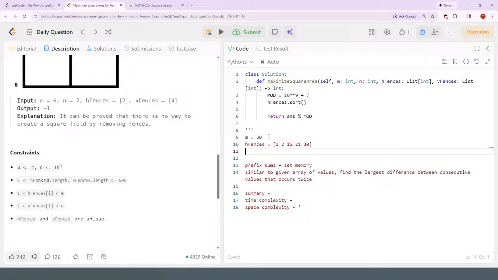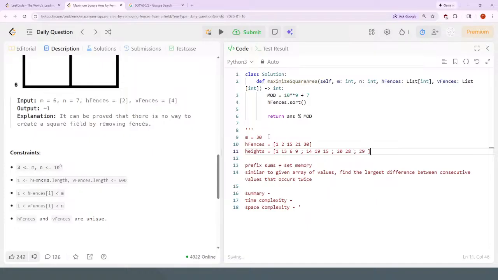The possible heights would be like 1 to 2 is 1, 2 to 15 is 13, 15 to 21 is 6, 21 to 30 is 9, and then going on, 1 to 15 is 14, 2 to 21 is 19, 15 to 30 is 15, and then 1 to 21 is 20, 2 to 30 is 28, and 1 to 30 is 29.